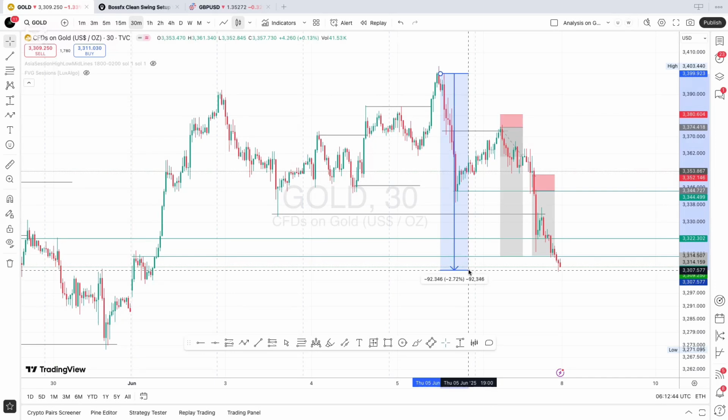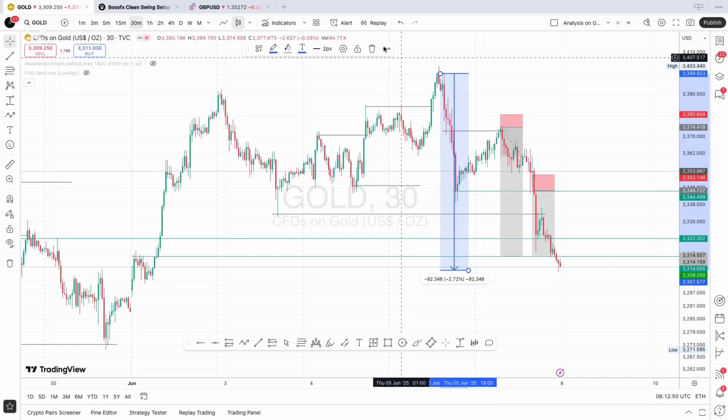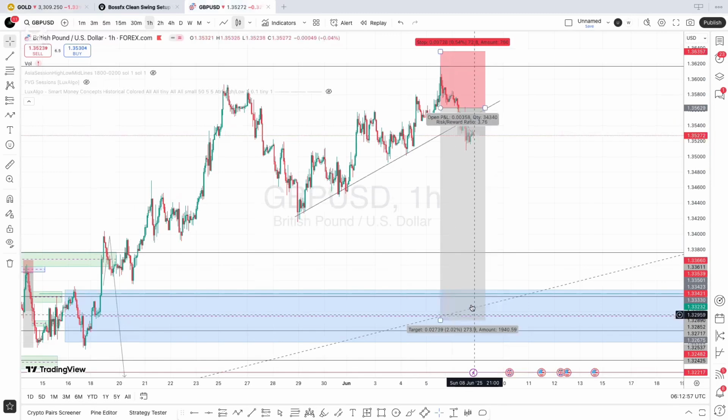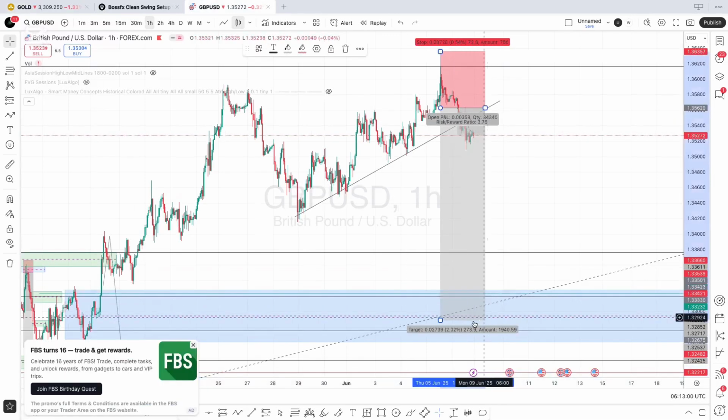Okay, about 92 pips, all just from this place. How many pips are we expecting from this trade? 273. Can you see that from the daily time frame?